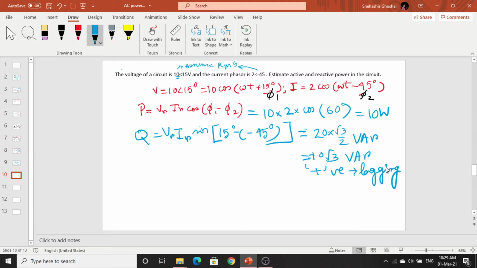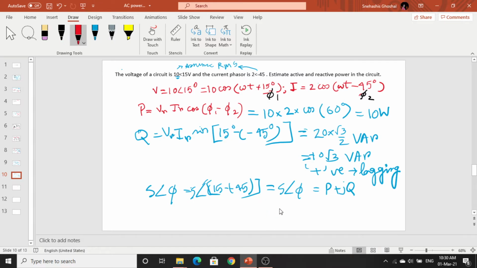If power is positive, so it is actually S angle plus phi. Phi is what? S angle 15 minus 45. So actually phi is positive. Phi positive means lagging load. S angle phi, so that means P plus jQ. If it was S angle minus phi dash, then it would have been P dash minus jQ dash.